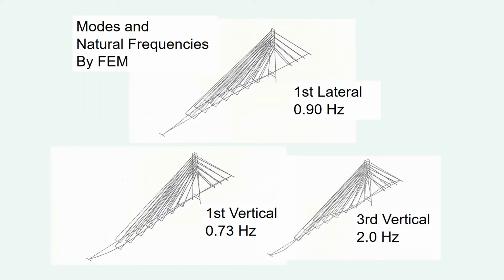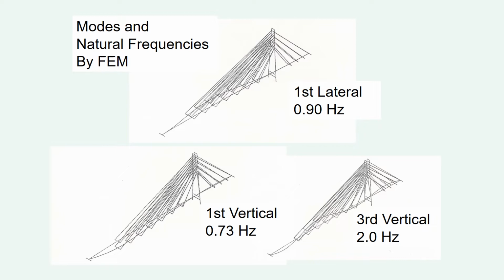These are the mode shapes and natural frequencies calculated by FEM. As you can see, the first lateral mode has a frequency of 0.90 Hz, which corresponds to the measured frequency of 0.93 Hz. Now we get to know that the girder is vibrating in the first lateral mode.